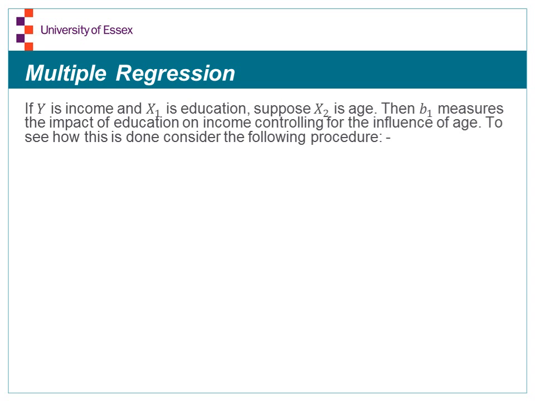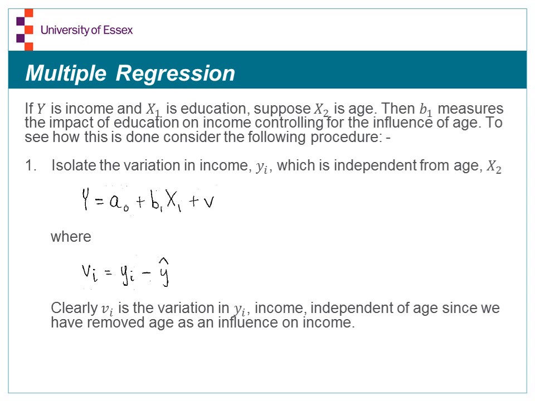So let's look at how we do this. If y is income, x1 is education, the information we had before, let's suppose that x2 is equal to age. Then B1 is going to measure the impact of education on income, controlling for any effect age might be having, and we can see how this is done as follows.